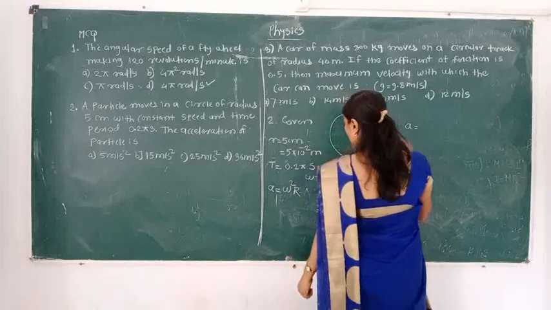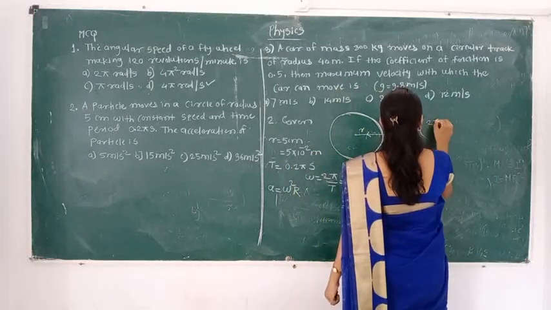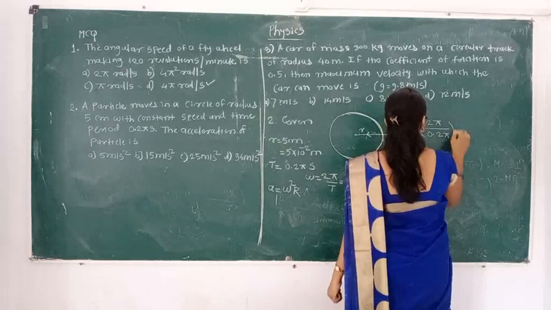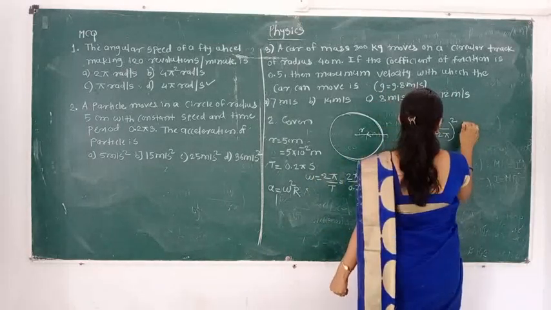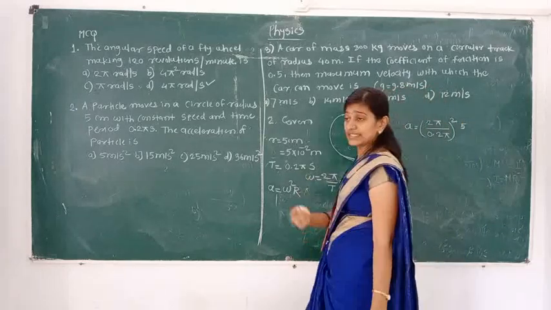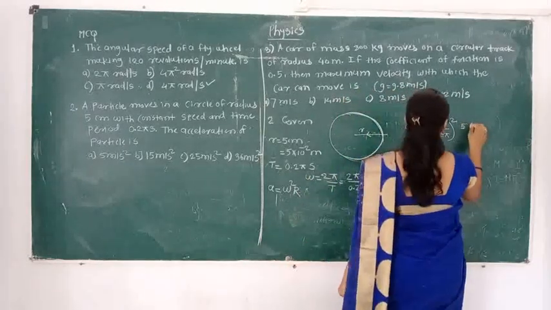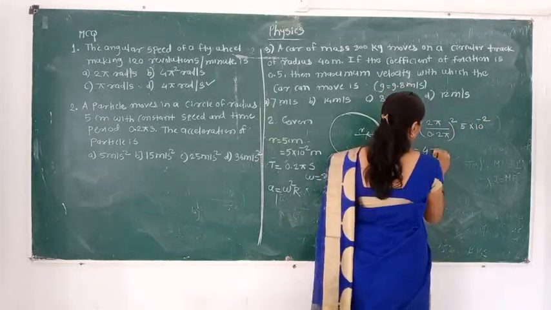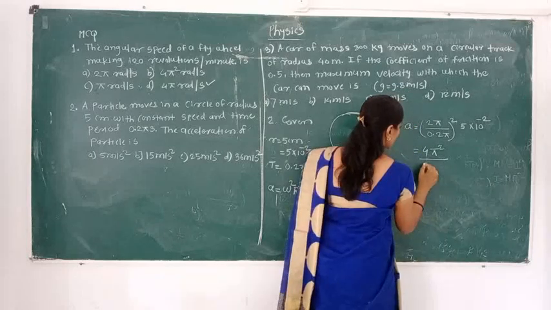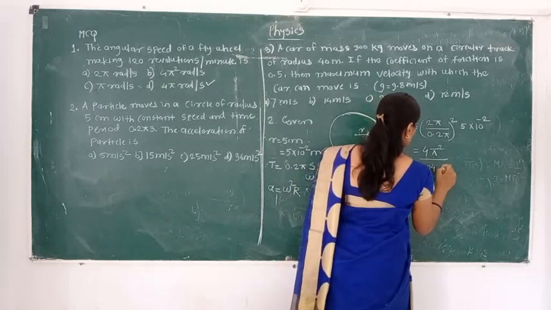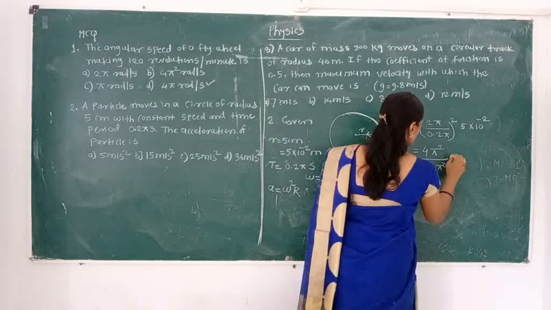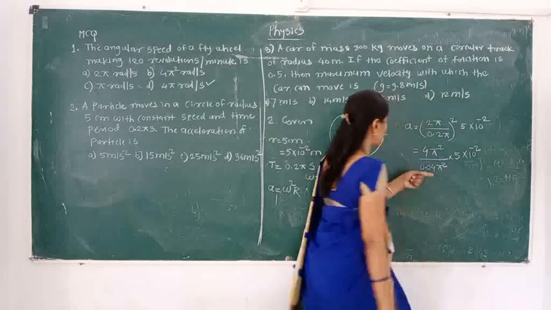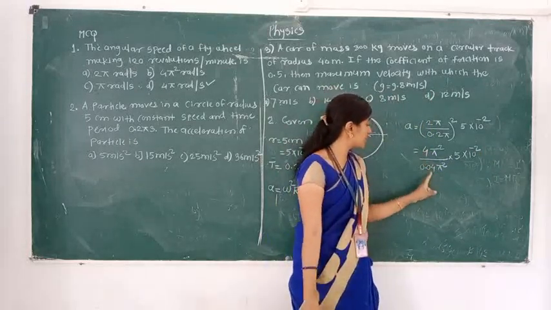Putting this value, what is the value of omega square? So here (2 pi divided by 0.2 pi) bracket square into 5. ये जो हमें रेडियस मिली है वो रेडियस सेंटीमीटर में है, उसको हमने मीटर में कन्वर्ट करके लिया, into 10⁻². यहाँ पे हमें मिलेगा सीधे 4 pi square divided by 0.04 pi square into 5 into 10⁻². हम यहाँ पे जो ये 4 है, ये इस 4 को कैंसिल होगा.